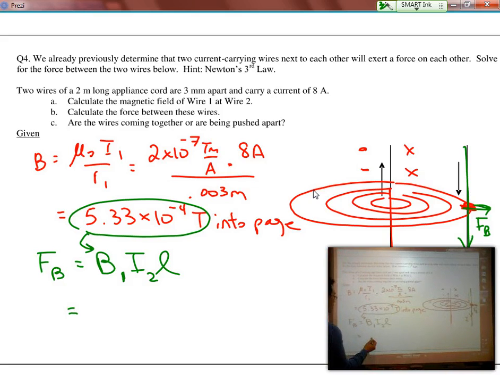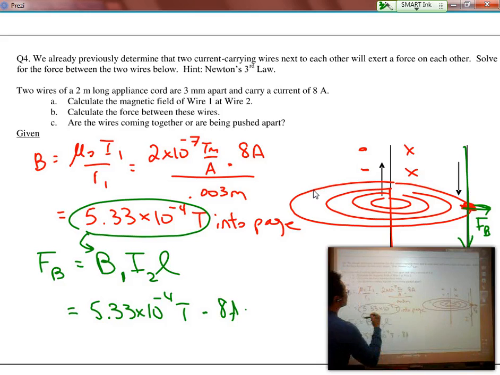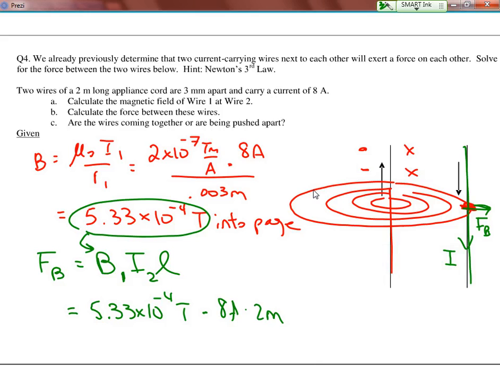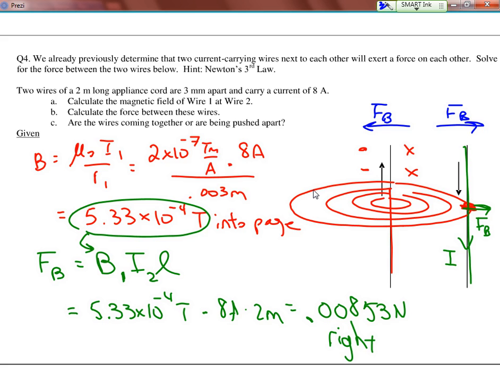So in this case, our final answer would end up being 5.33 times 10 to the negative 4th Teslas times 8 amps times 2 meters, which gives me a final answer of 0.00853 newtons to the right. And because it is action-reaction, as one wire gets pushed to the right, the other wire, of course, is going to get pushed to the left, and the two wires do push apart.